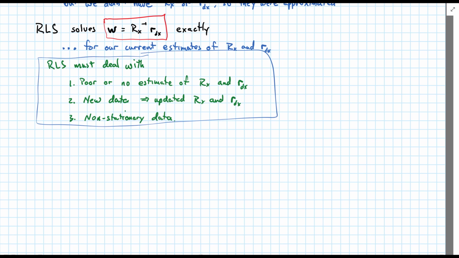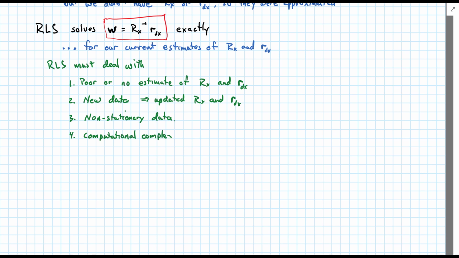I guess there's really one other thing that's implied but not stated, so let's go ahead and state it. It's the computational complexity of inverting Rx estimates every time they're updated. So let's see how this computational complexity plays out.